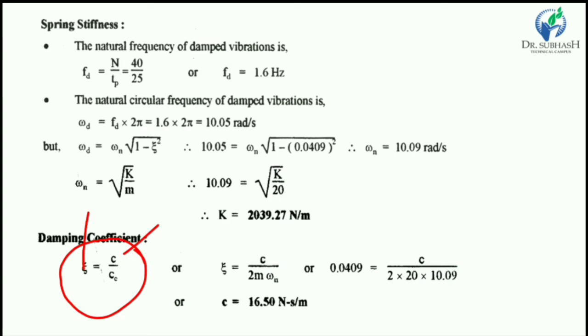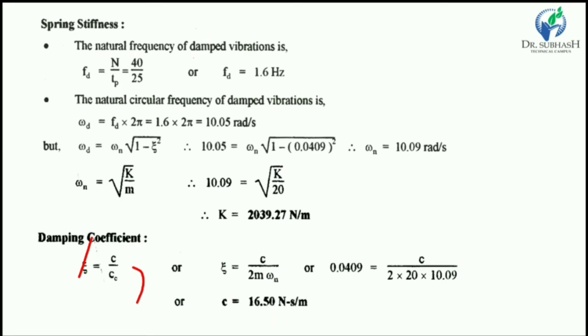For that we have to use the value of zeta, which we already found. So we have to find out the critical damping coefficient, and the critical damping coefficient is given by 2m omega n. Okay, so omega n we have to find out. m is given, 20 kg, and we know that omega n for a spring mass system is under root k upon m.